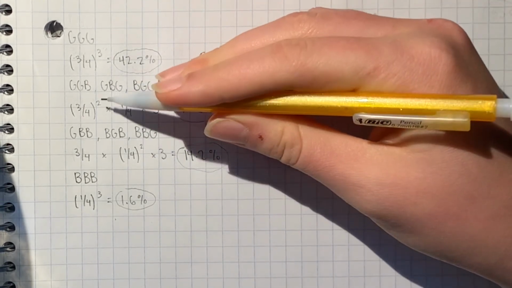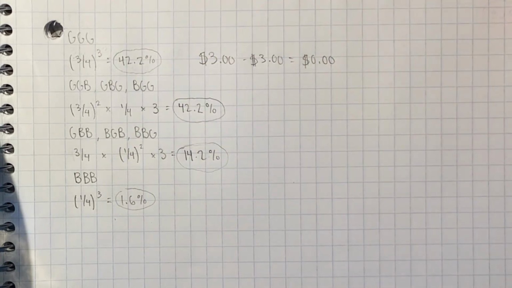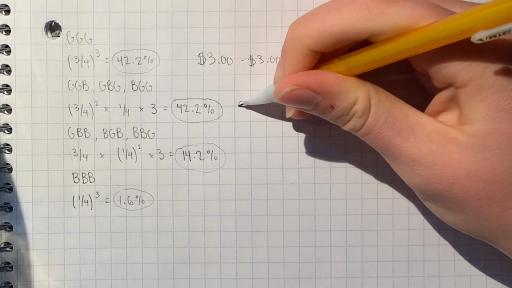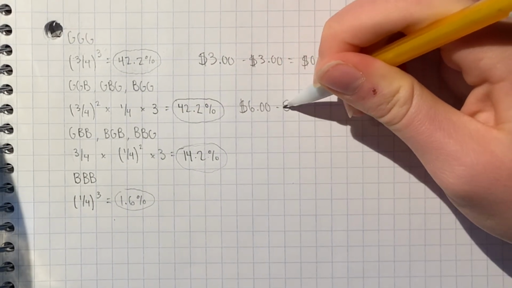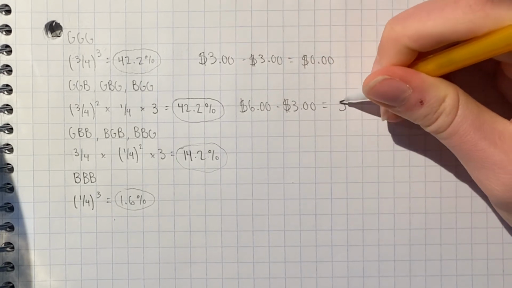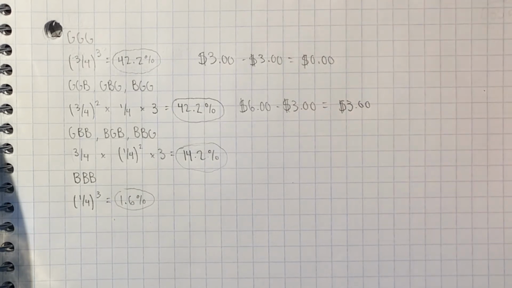So now this one, you have basically 2 green, 1 blue. Let's look at our chart. We have 2 green, $1, $1, and 1 blue. That's $6 because 1 plus 1, $6 plus 4. Let's go here, write $6. Subtract 3 because that's how much it costs to get $3. So, you know, it's not $1 million or anything like that, but we're getting there.